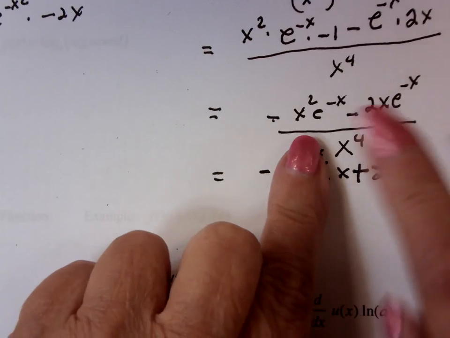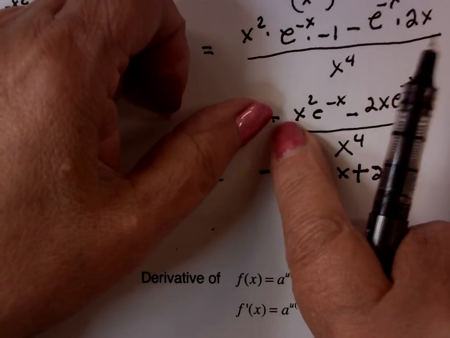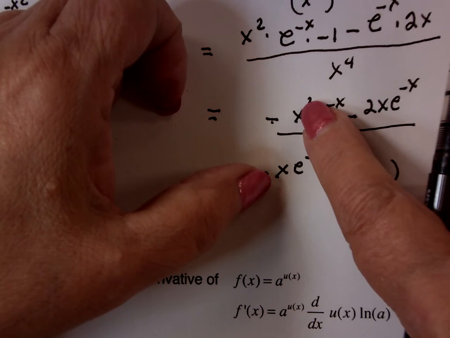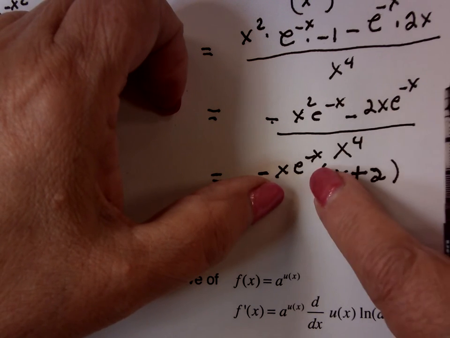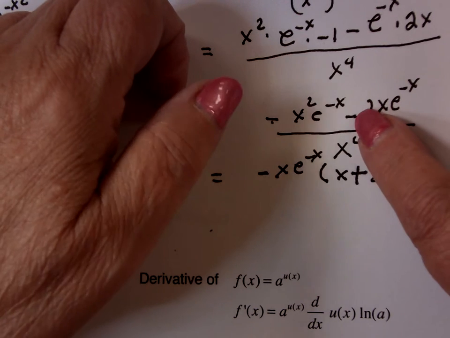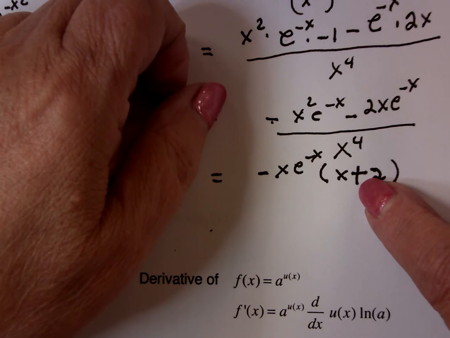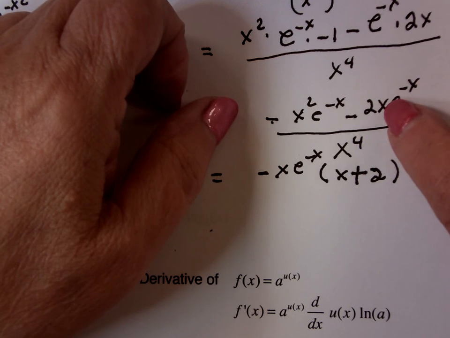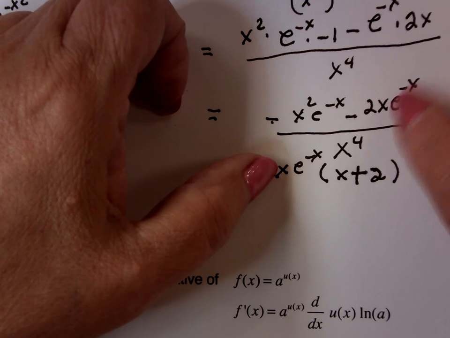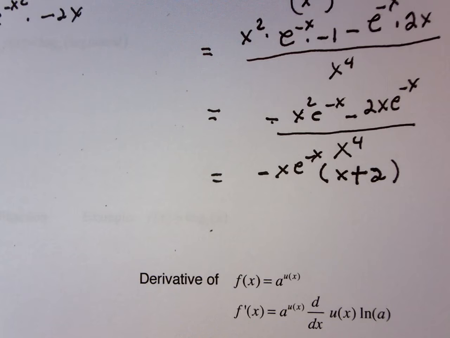So if you're taking a minus e to the minus x out, I'm taking the minus, I'm taking an x, which leaves me with an x, I'm taking e to the minus x out, I'm taking a minus, which changes that to a plus, I'm taking an x, and I'm taking e to the minus x. You're left with just x plus 2.